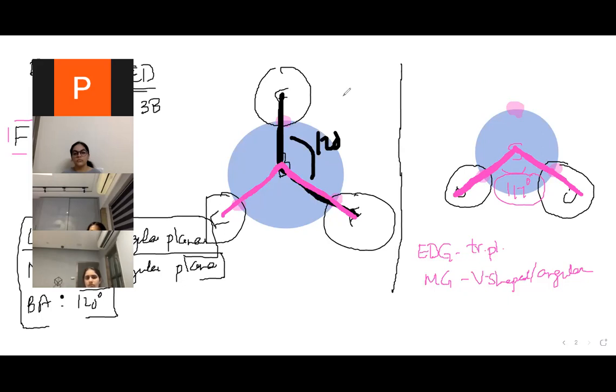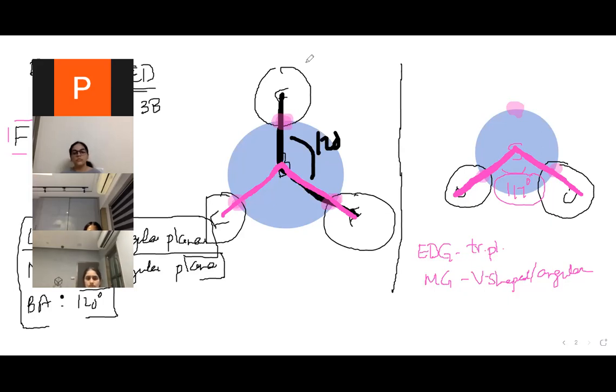Understand, in the BF3 case, all three electron domains, here and here and here, are bonded. They're all identical with respect to each other. So they will exert equal repulsion on each other. The repulsive forces are the same from all three electron domains.